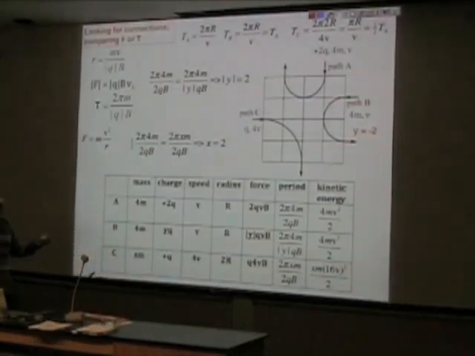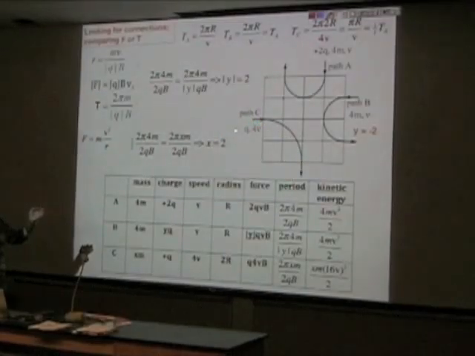And now if we want to answer the question, is it a positive number or a negative number, we just have to look at the picture. We know particle A is positive, and it's traveling clockwise. That means all other particles traveling clockwise must be positive, and all particles traveling counterclockwise must be negative.